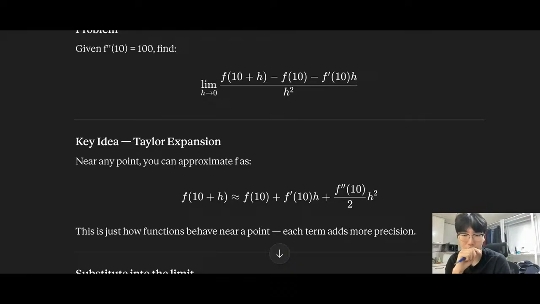Each term adds more precision to how f behaves near a point. f, okay, f prime.